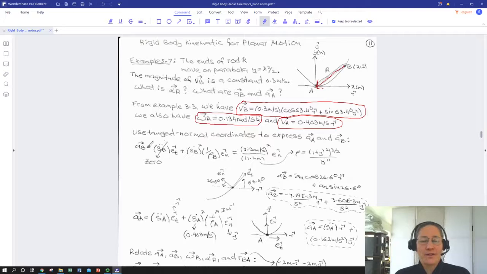So we're going to start with our tangent term. We're going to start with point B, and we're just going to express it not necessarily related to point A. So the acceleration of point B in tangent-normal coordinates, this is just thrown back to tangent-normal kinematics. We're not relating anything on a rigid body.